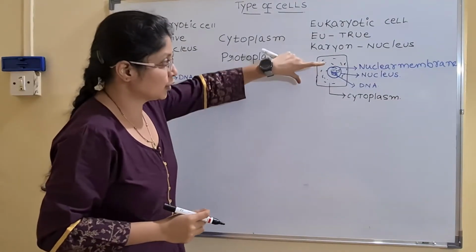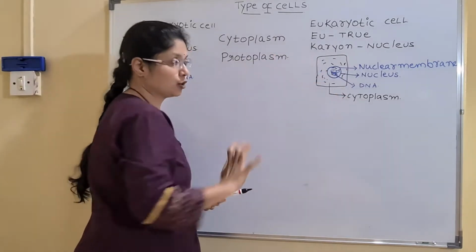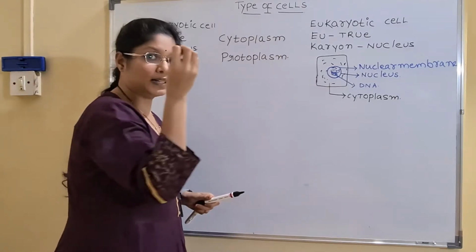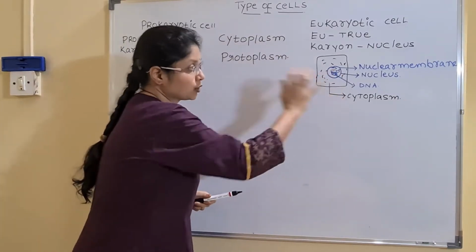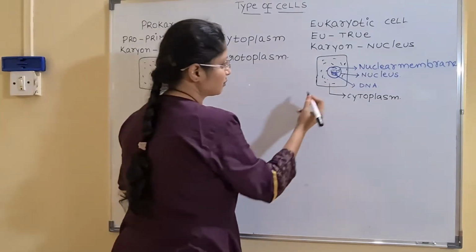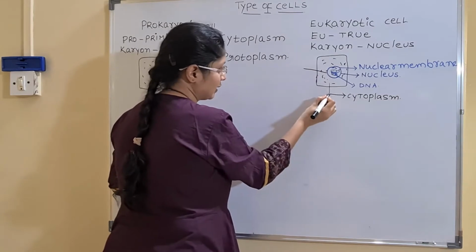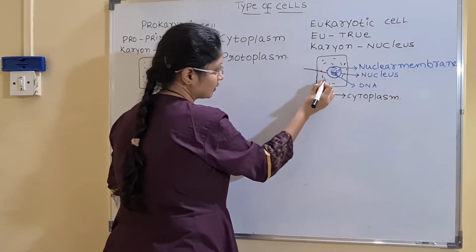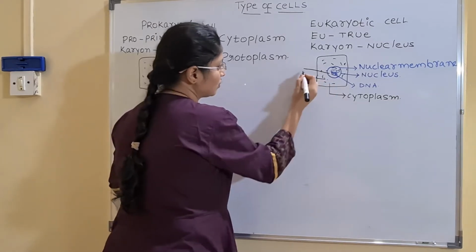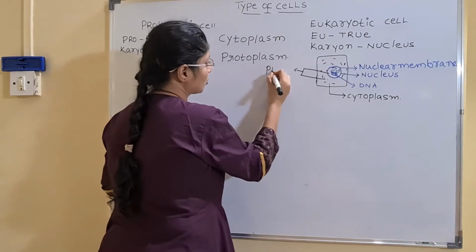Protoplasm means the nuclear fluid content that is present inside the nucleus along with the fluid part that is present inside the cell. Both together constitute the protoplasm. So what is protoplasm, children? The nucleus and nuclear material as well as the cellular material together constitute the protoplasm.